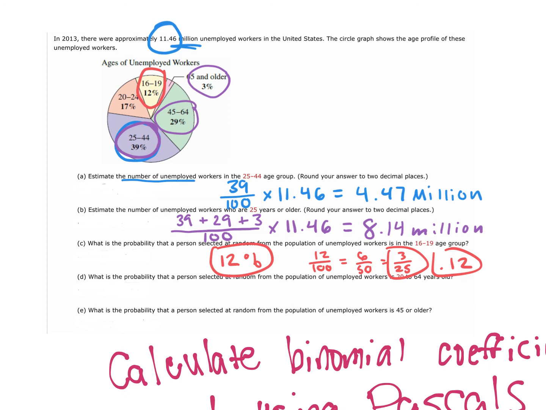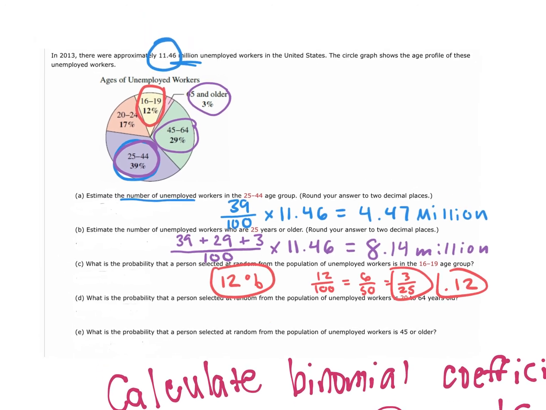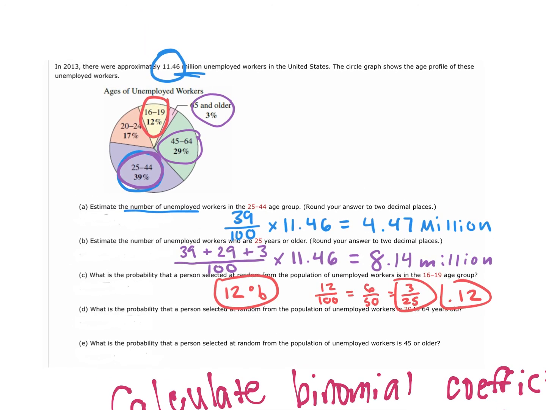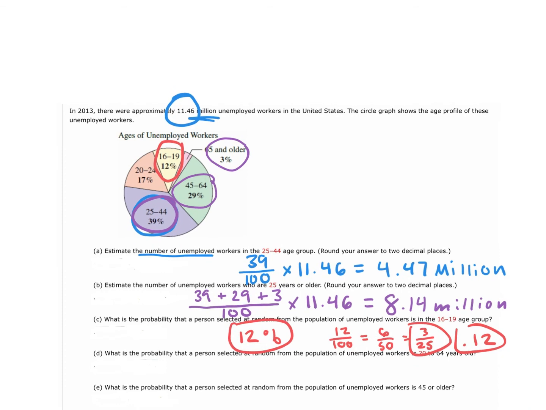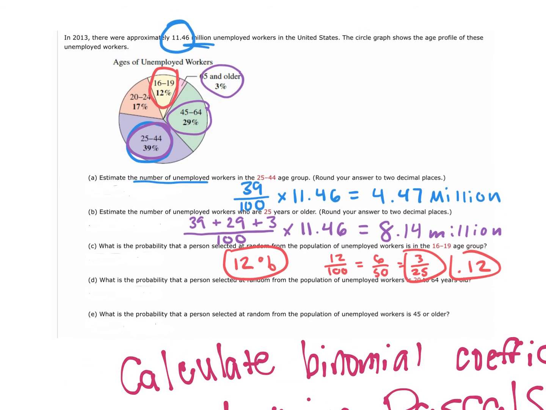Next one, what's the probability that a person selected at random from the population of unemployed workers is 20 to 64 or older? Oh no, 20 to 64 years. I wrote over the question so I couldn't see. So these are 20 to 64.